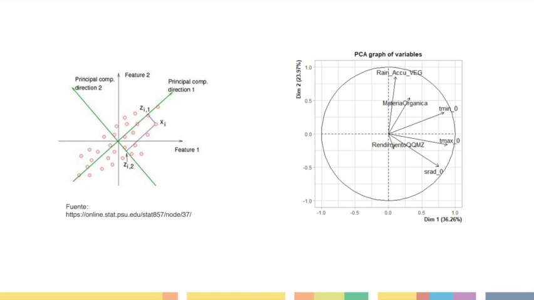So once we understand how PCA works, we start to do the PCA plots. There's a range that goes from -1 to 1 in the axes. This means that there's a coefficient, a correlation.